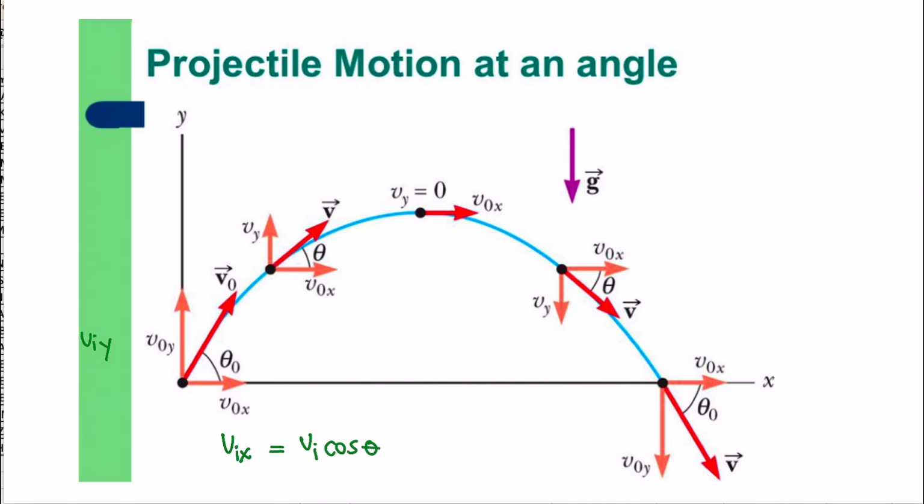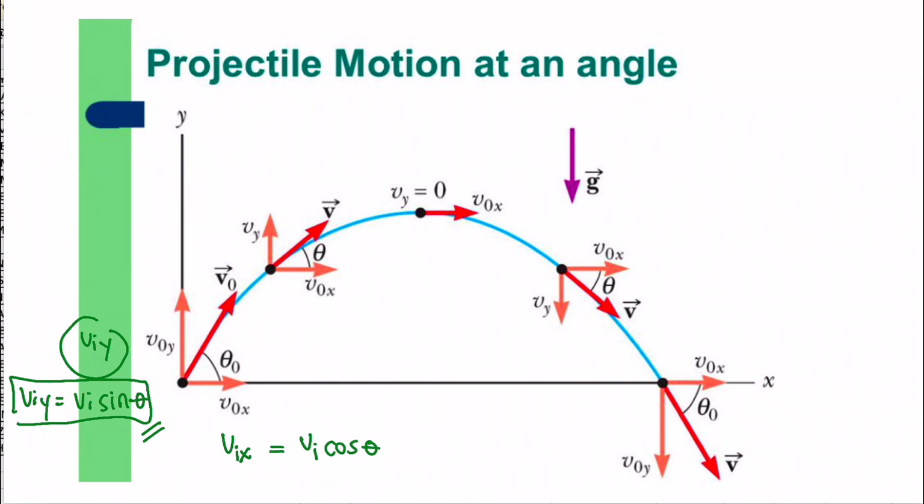On the other hand, our Viy would be equal to Vi sine theta, or the initial vertical velocity is just equal to the initial velocity Vi multiplied by sine theta.